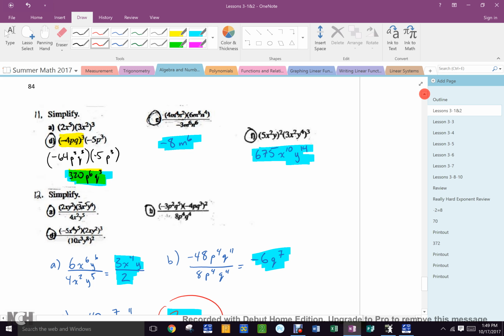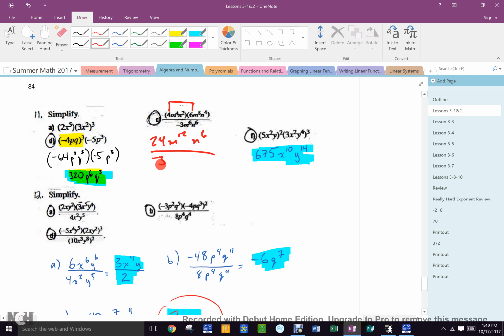Of course I can explain number 5 to you, but why are they all different now? Like 11C, yes. Okay, so in 11C, numbers go with numbers. What's 4 times 6? 24. Letters go with letters. M4 times M8 is M to the 12th, yes? N2 times N4 is N to the 6th, yes?